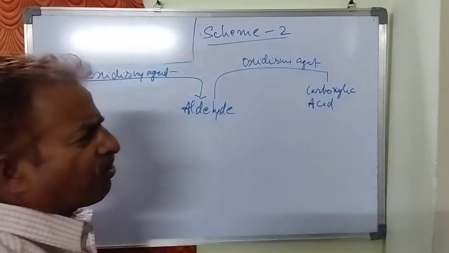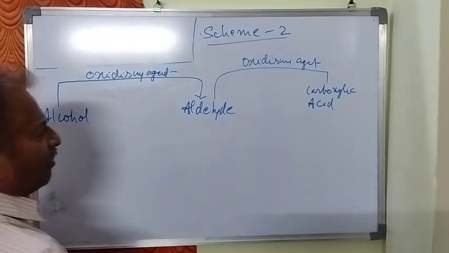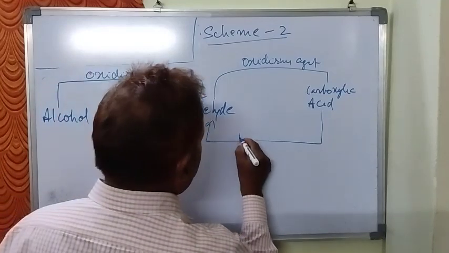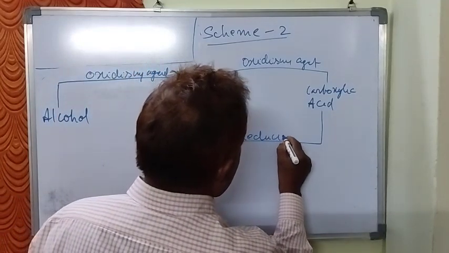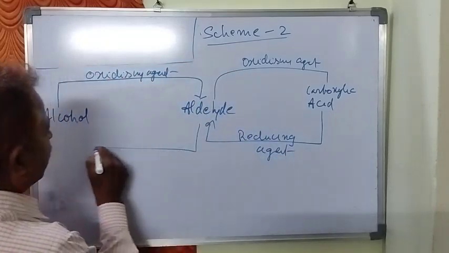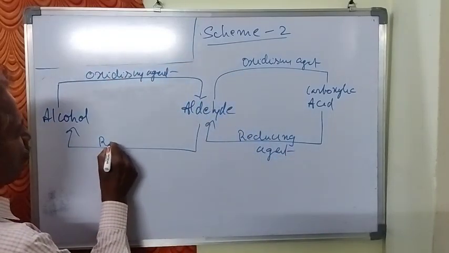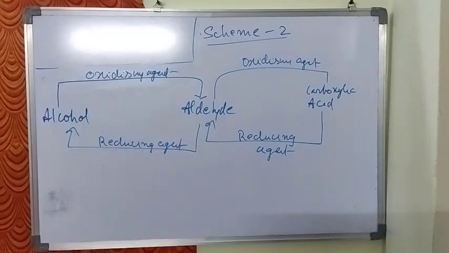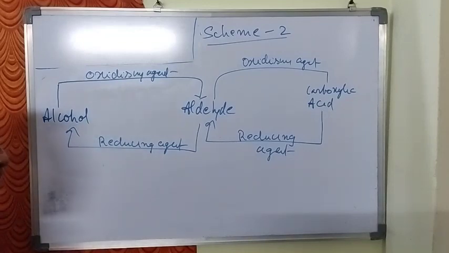Any oxidizing agent you can use. And then carboxylic acid can be converted into aldehyde; here this is a reducing agent, and aldehyde can be converted into alcohol, here also a reducing agent. So if we use an oxidizing agent, alcohol converts into aldehyde and aldehyde converts into carboxylic acid. Similarly, if we use reducing agents, carboxylic acid converts into aldehyde and aldehyde converts into alcohol.